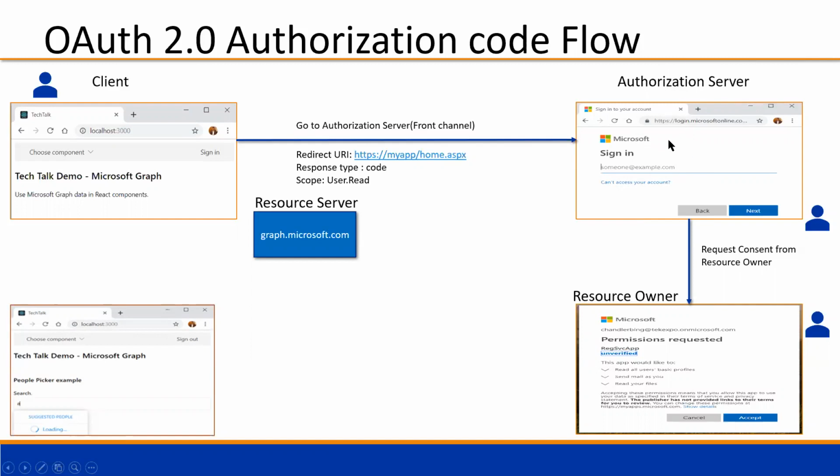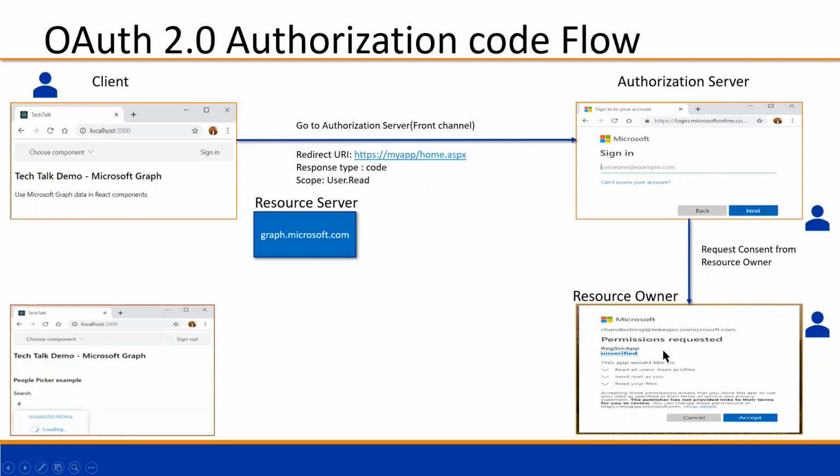It checks whether the username and password entered are valid and the user exists. And if that user exists, based on this scope, like here we are requesting user.read, this is the scope for which we are requesting.